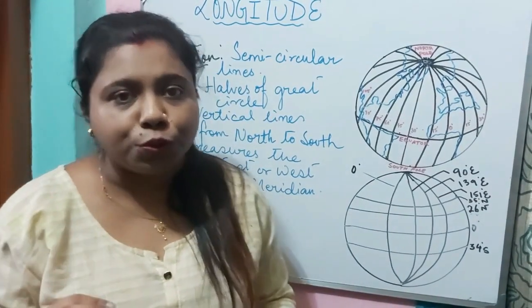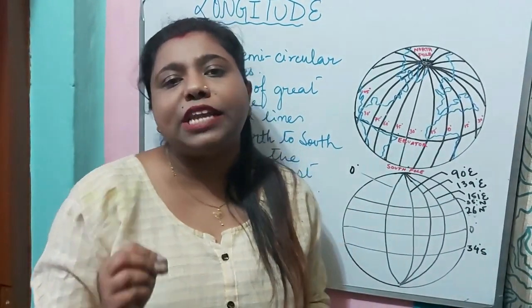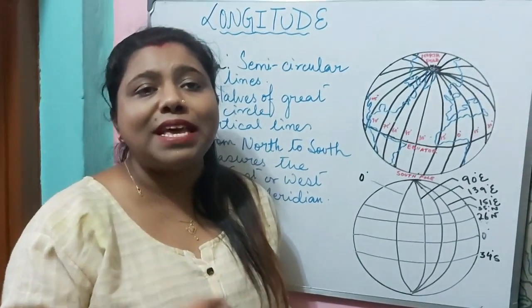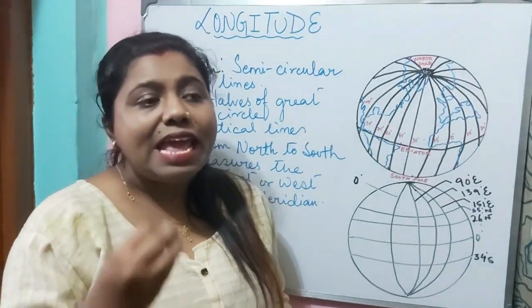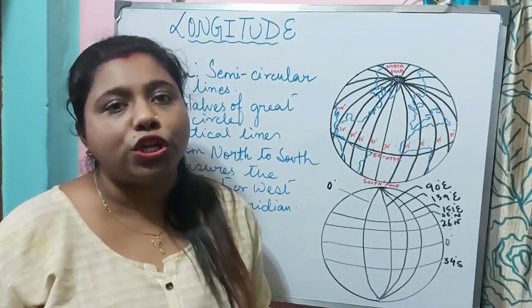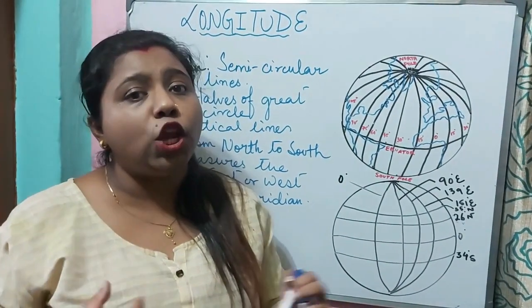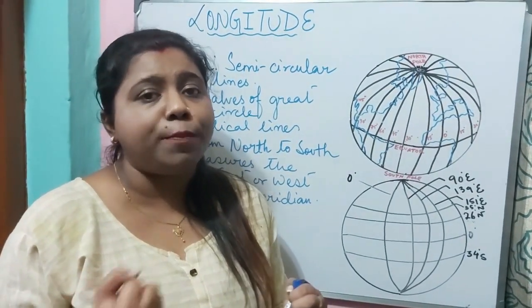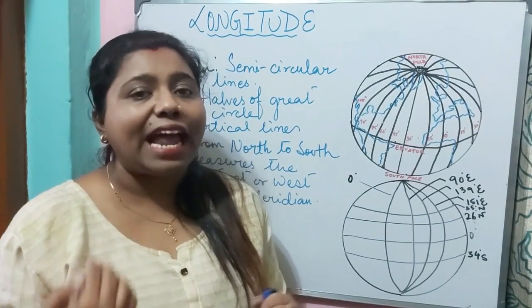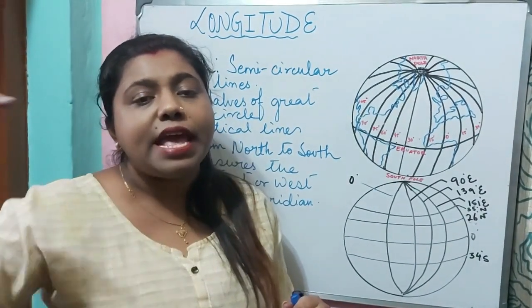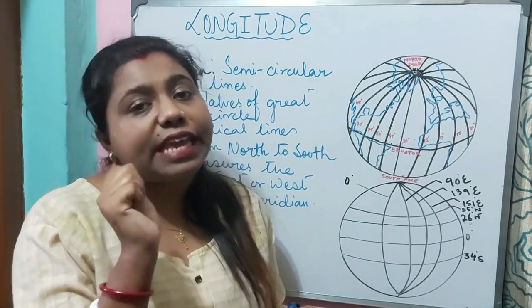Unlike latitude, there is no central longitude on the basis of which we can easily locate other longitudes. So how can we locate longitudes if there is no reference point? Like latitudes, there is a reference point, that is the reference latitude, the equator.